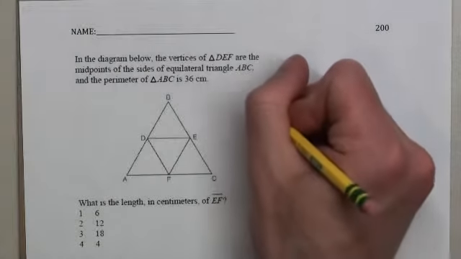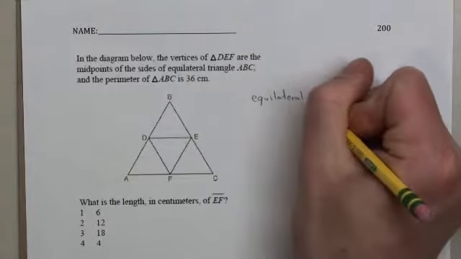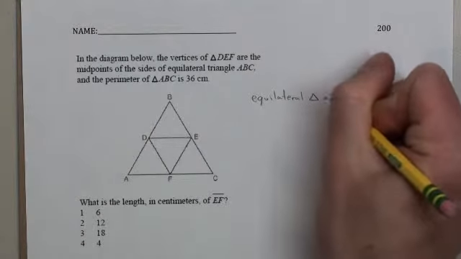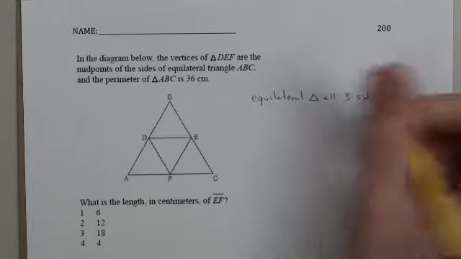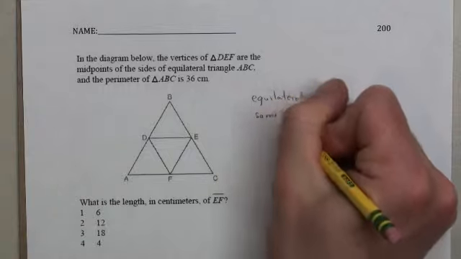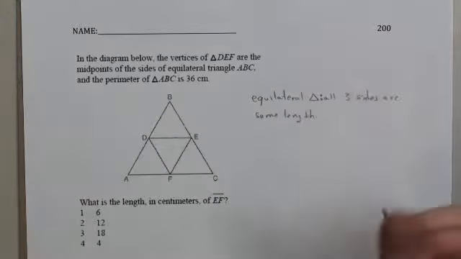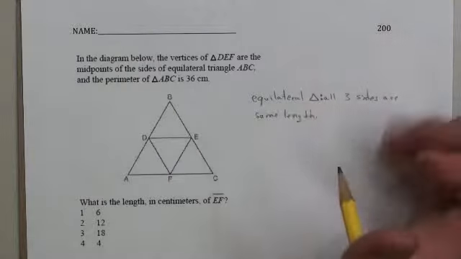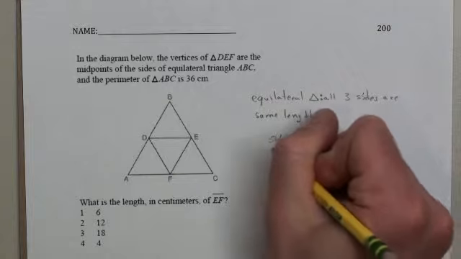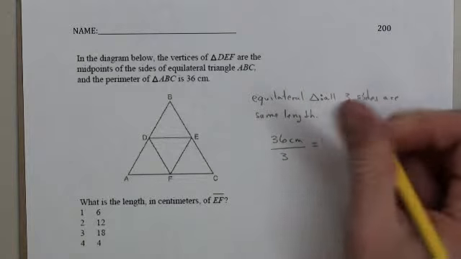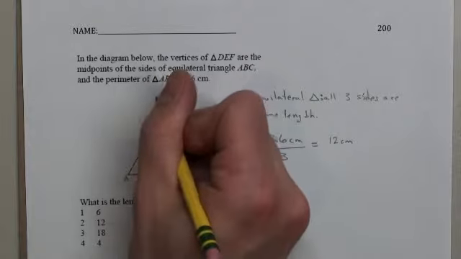Well, equilateral triangle, all three sides are the same length. So 36 is the whole thing. If we divide that by 3, each side is then 12 centimeters.